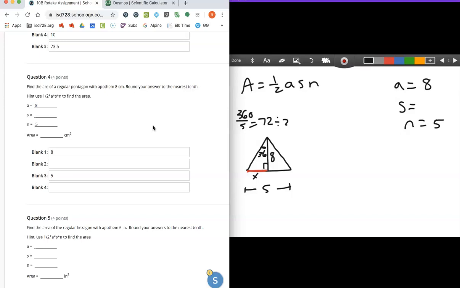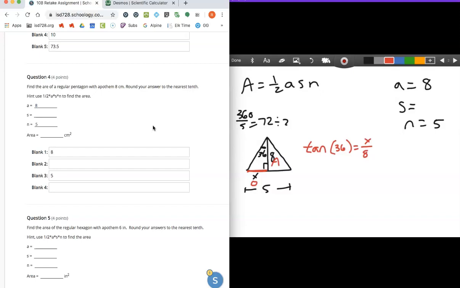Okay, so then we think about our SOHCAHTOA. So we have X, the side we're going to get, is the opposite side. 8, the side we know, is the adjacent side. If I know O and A in a right triangle, that's TOA, so I use tangent of 36 equal to opposite, which is X, over adjacent, which is 8.